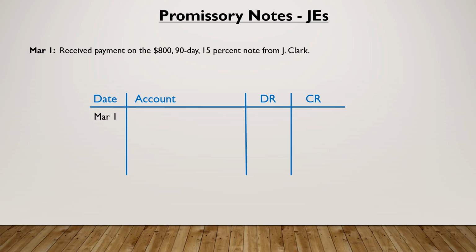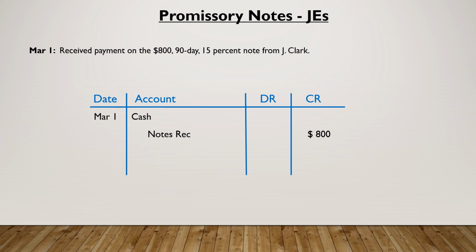On March 1st, we collect the $800 note plus interest from J. Clark. We know we'll debit cash, but for how much? To determine the amount, list what we know. We know we're going to collect the $800 face amount, our credit to notes receivable.